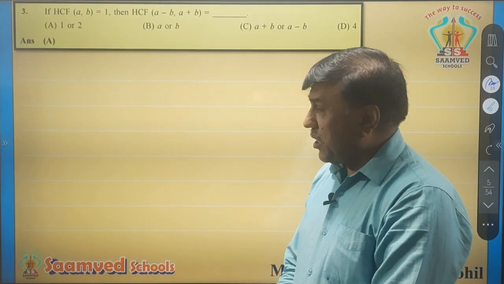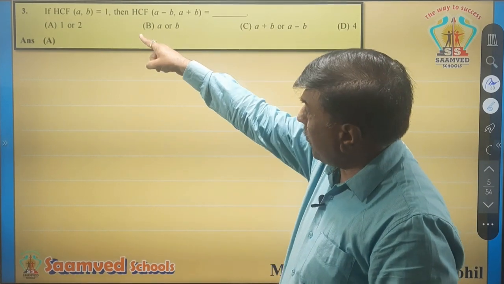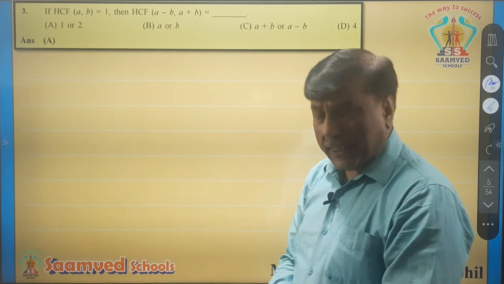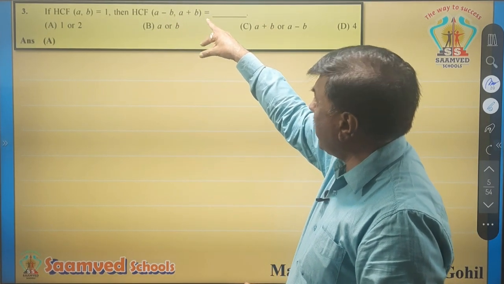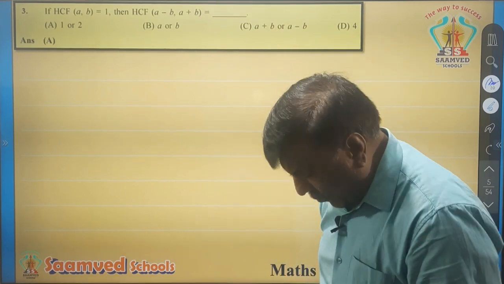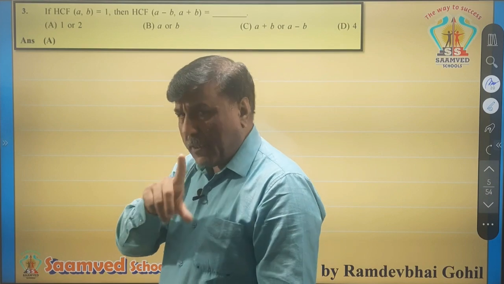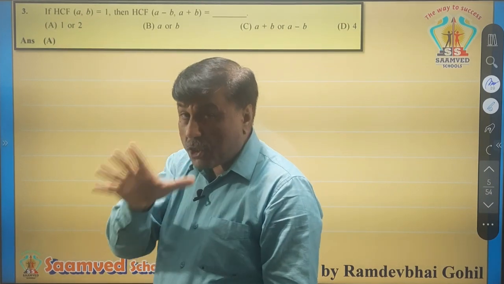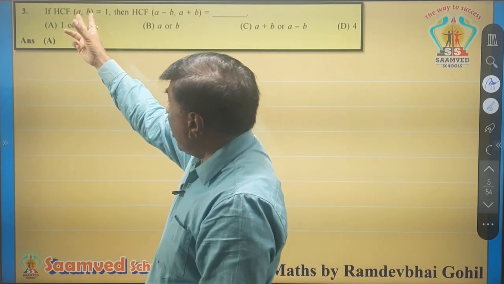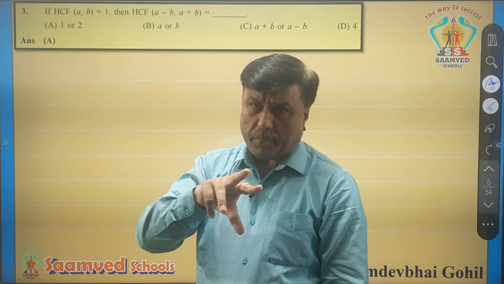Now this question is a tricky question. HCF of A and B is equal to 1, and you have to find the HCF of A minus B and A plus B. Now friends, if HCF is equal to 1, it means A and B are such that they are not divisible by each other.